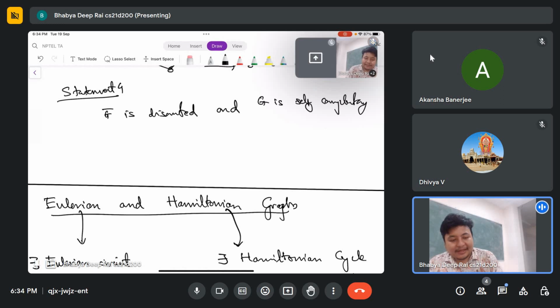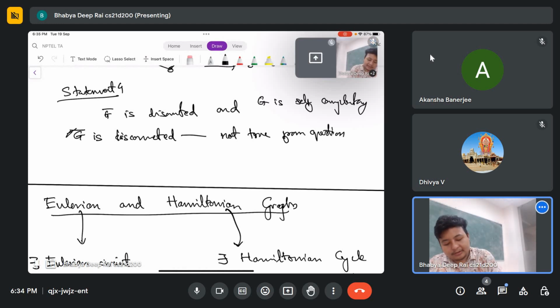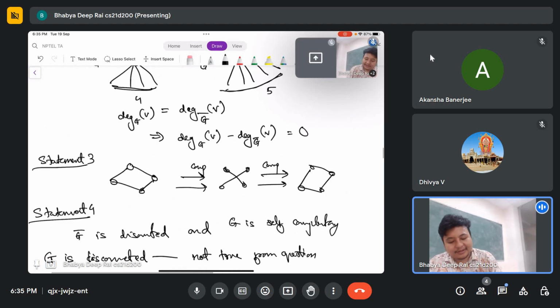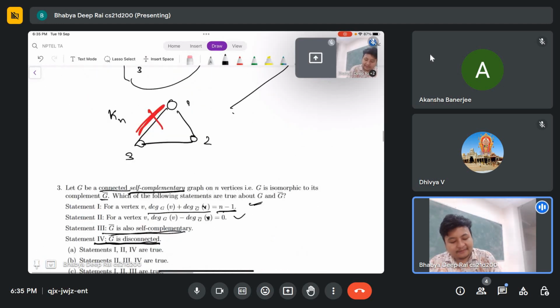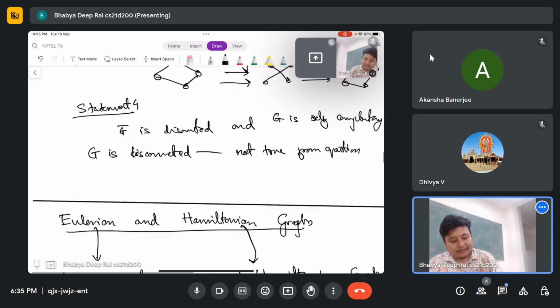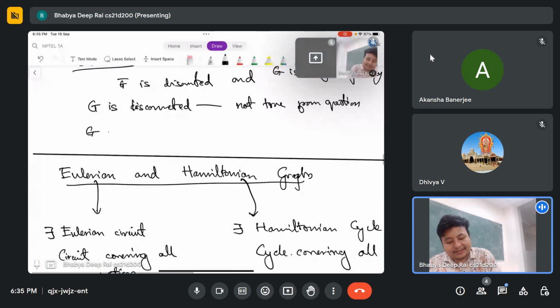Let's say G is disconnected. This is definitely not true, because the graph was connected. Now let's say G is connected.